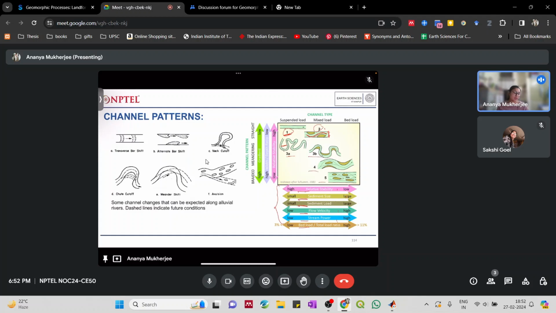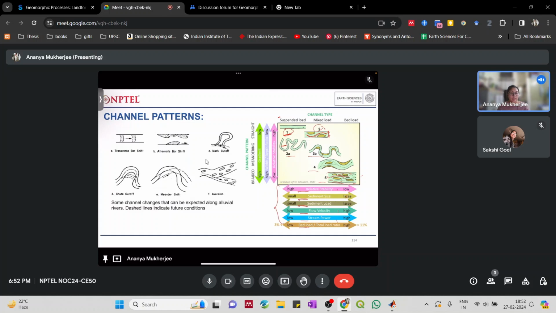5 is usually seen in the mature stage, later mature stages also, where mostly the river banks would appear straight, but the water is actually trying to flow around different mounds of sediments that have been deposited. Over here there is more suspended load, so there is not much load being dragged by the river along its bed.